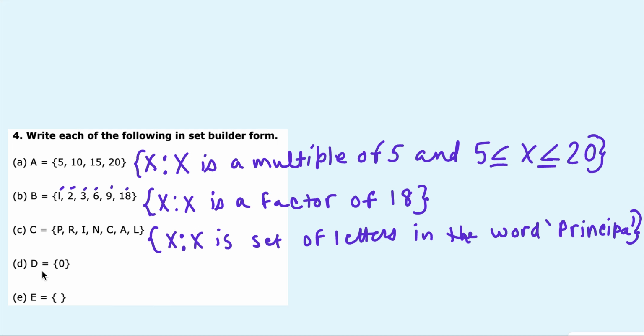Next one is set D is equal to 0. So therefore we can say that by putting our braces first. So x is such that x, how could we say this? x is contained.